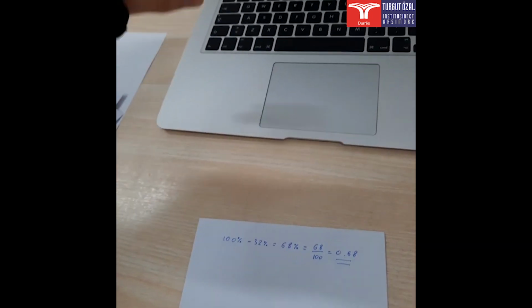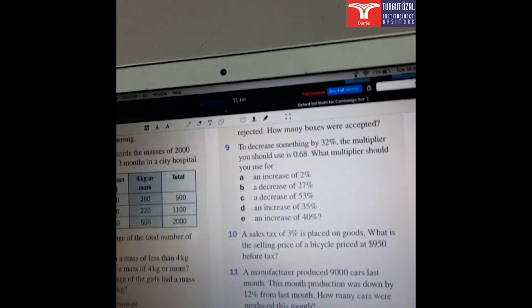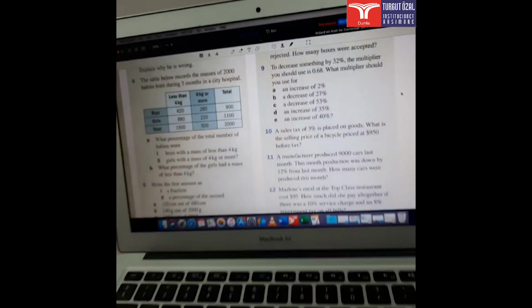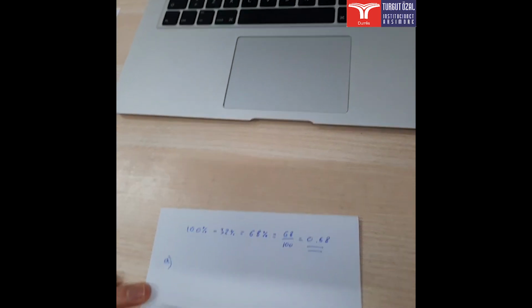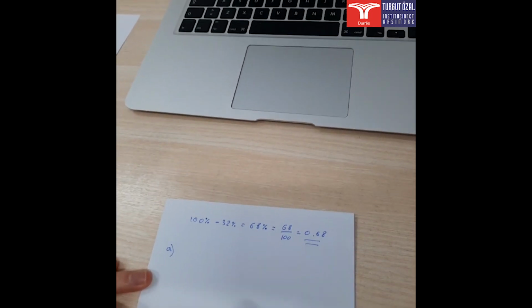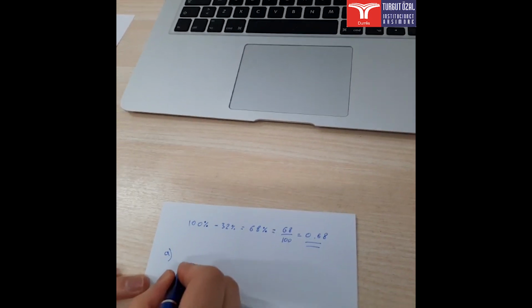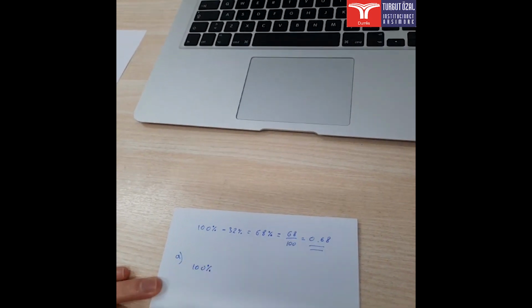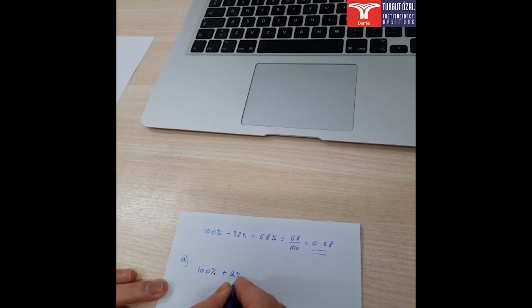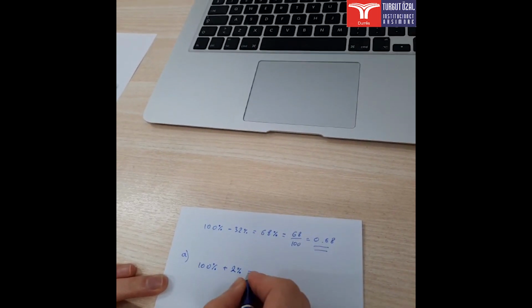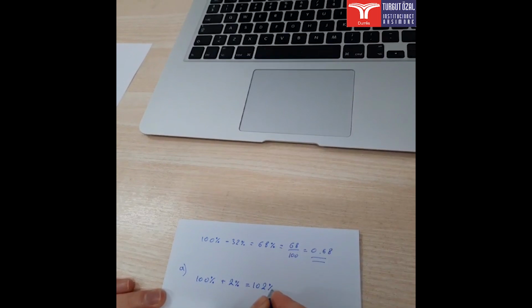The same thing happens when you have an increase of 2%. When you want to increase something, it means you have to add something to the given amount. So if I have 100% and I have to increase it by 2%, it means I have to add 2 more percent, which will be 102%.